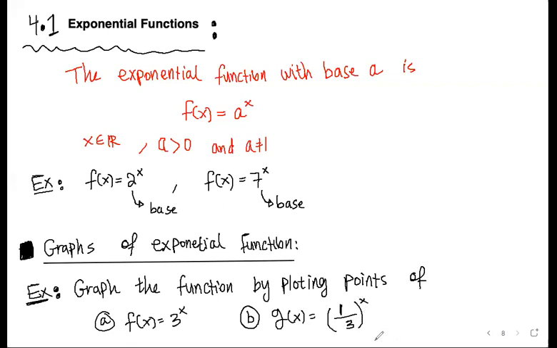So I'm going to use a table for these. After we use the table, we're going to use the transformation.